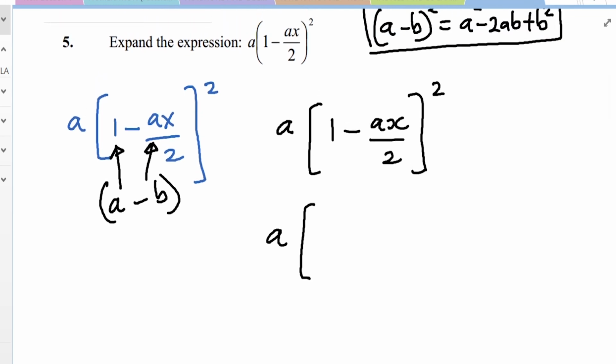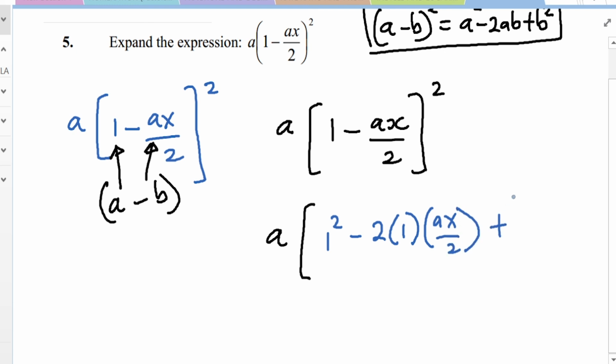So it's going to become 1 squared minus 2 times 1, which is a, times b, which is ax over 2, plus b squared, which in this case is (ax over 2) squared, like that.